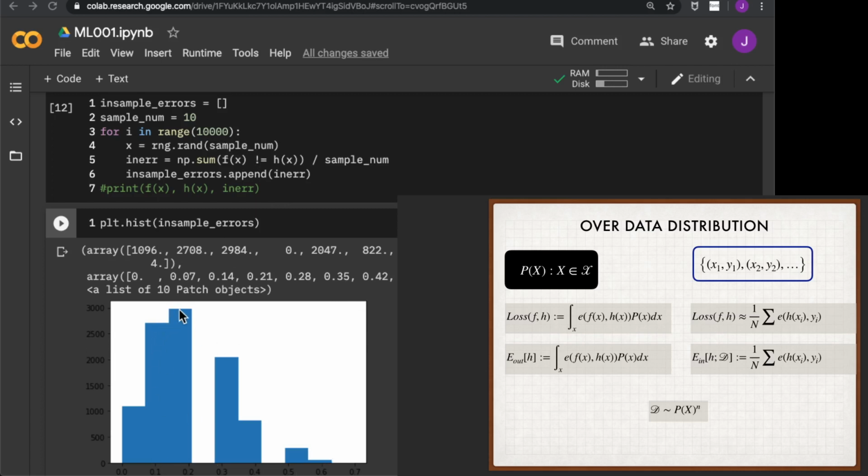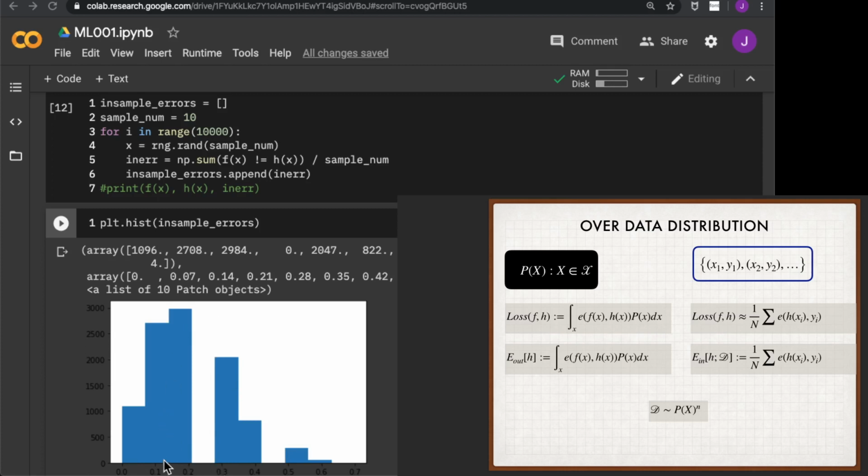We know for sure that the oracle out-of-sample error in this example is 0.2, and the in-sample error we got has this distribution. We see for most of the cases, it agrees closely with the out-of-sample error. Ignore this gap. It's because we haven't paid much attention to how the histogram has been drawn.